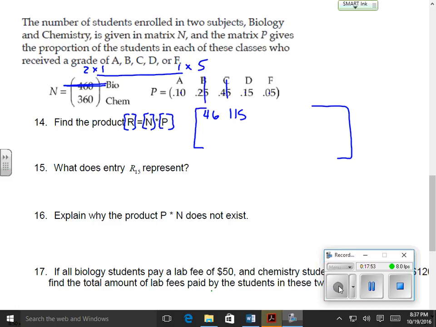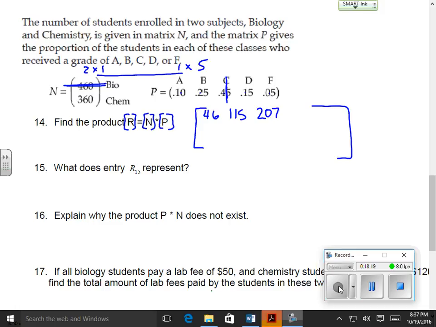And we slide it over. 460 times 0.45 is 207. Take that back, 207.